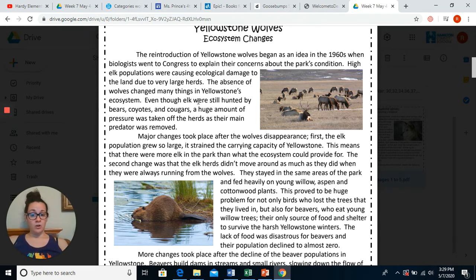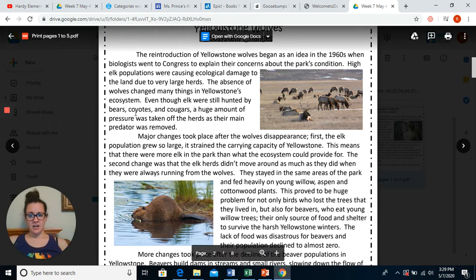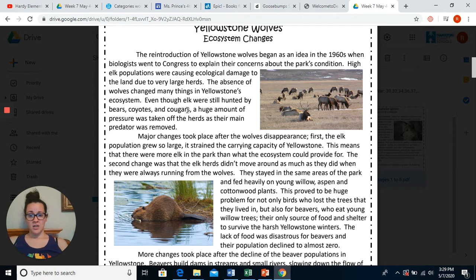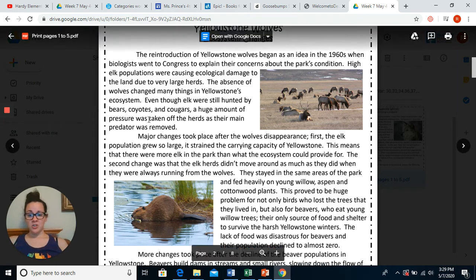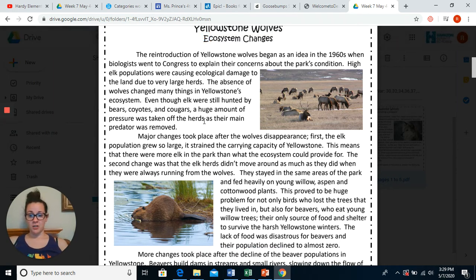Even though elk were still hunted by bears, coyotes, and cougars, a huge amount of pressure was taken off the herds as their main predator was removed. Major changes took place. Major changes is a key word. Took place after the wolves' disappearance.